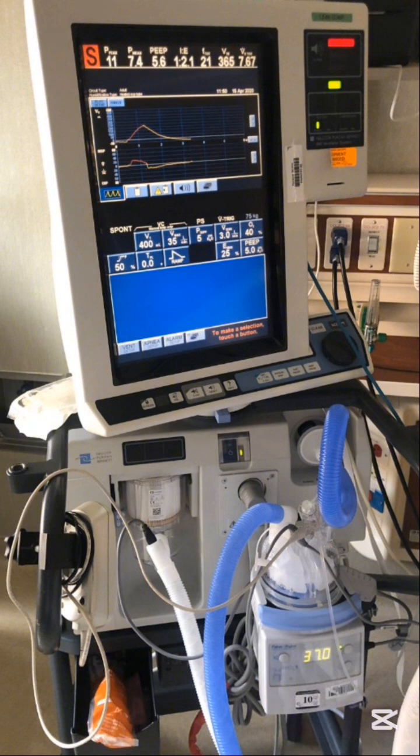A common starting point is 5 centimeter of water. So when you look at the ventilator monitor, you will touch it and set the PEEP to 5. So 5 is the normal value.